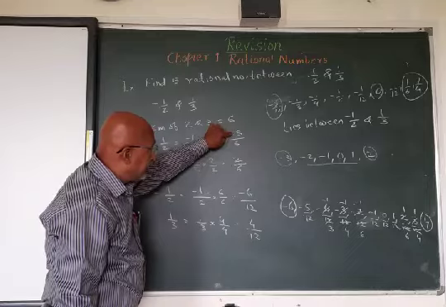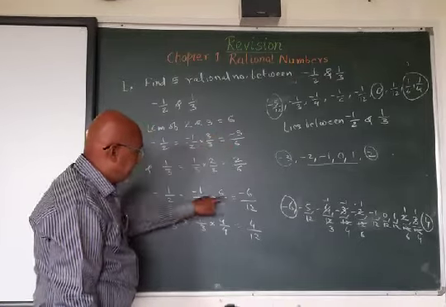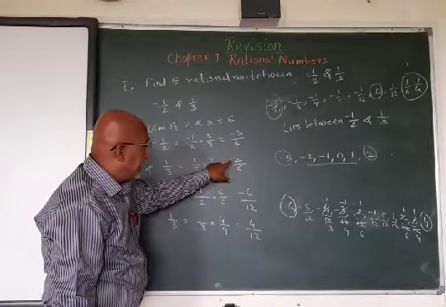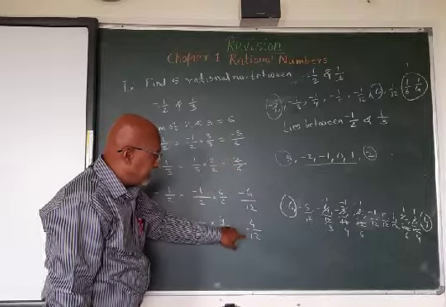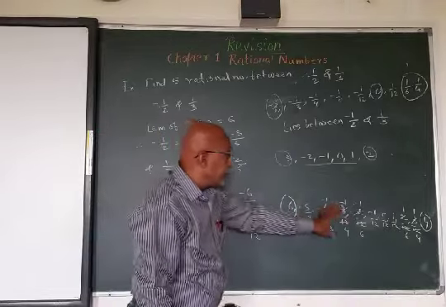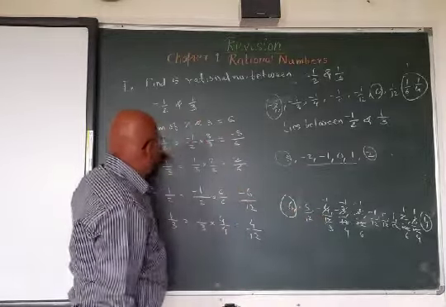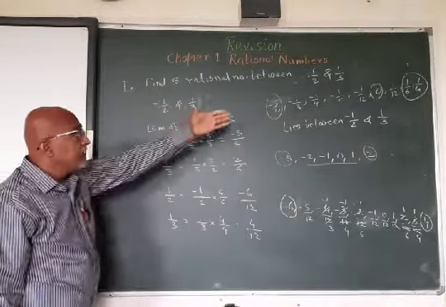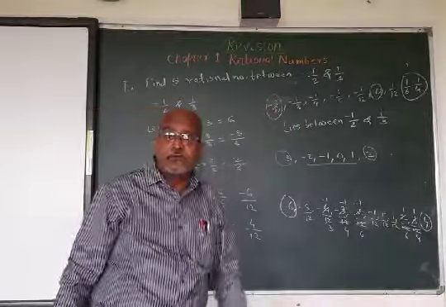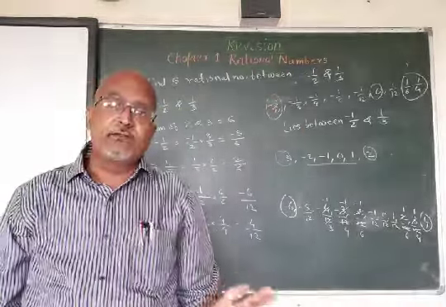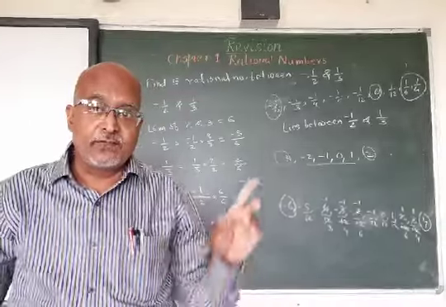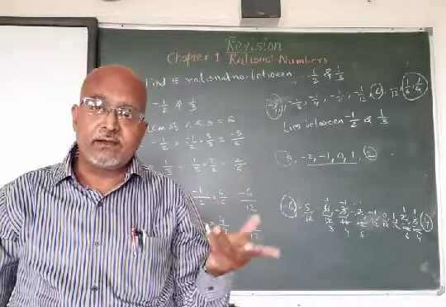So we will get minus 6 by 12, and here 4 by 12. And now we have found 9 numbers in between these two numbers. So out of these 9 you can select any 5 and write there that these 5 numbers lie between minus 1 by 2 and 1 by 3.